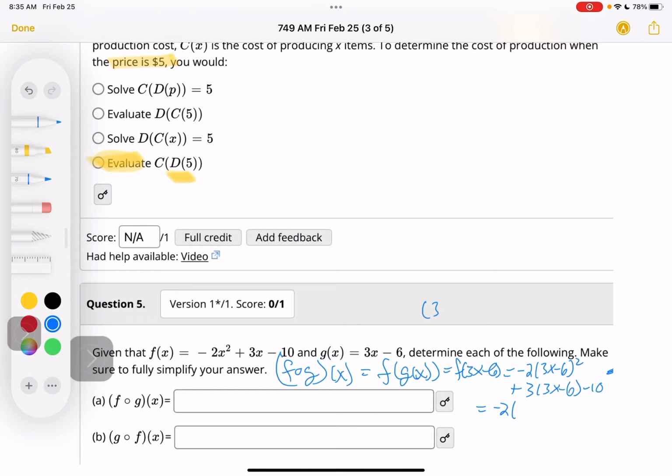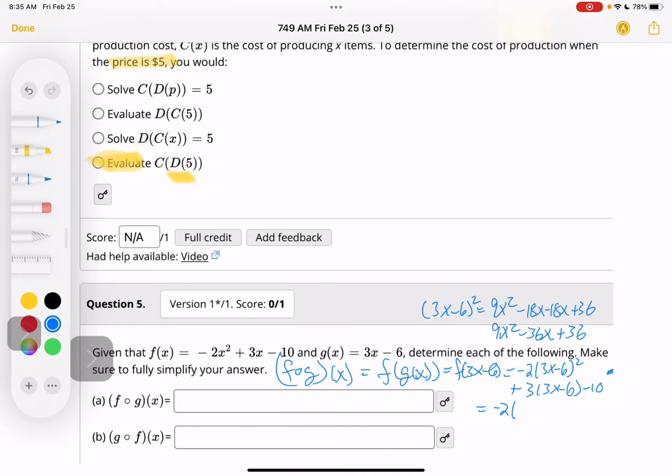Just remember that 3x minus 6 squared is going to be a 9x squared minus 18x minus 18x plus 36. So it's going to be 9x squared minus 36x plus 36.